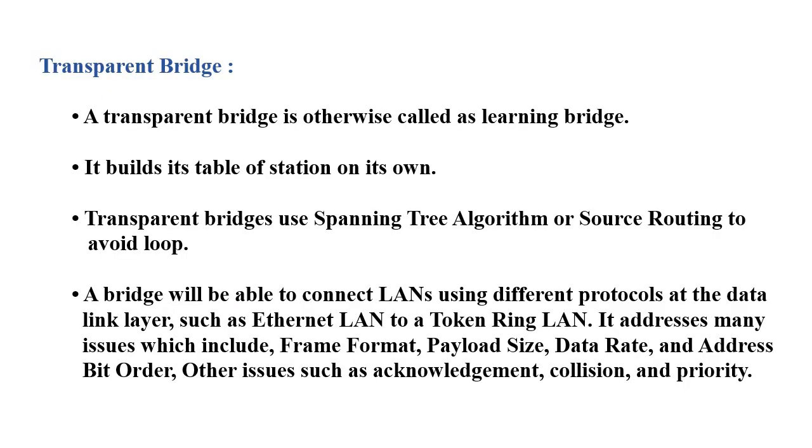Transparent bridge. A transparent bridge is otherwise called a learning bridge. It builds its table of stations on its own. Transparent bridges use the spanning tree algorithm or source routing to avoid loops. A bridge will be able to connect LANs using different protocols at the data link layer, such as an Ethernet LAN to a token ring LAN.